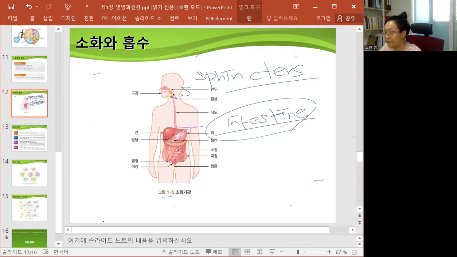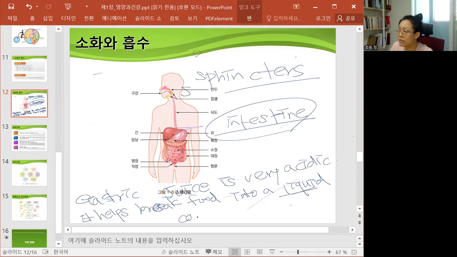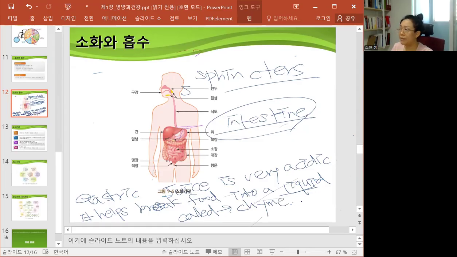Gastric juice is very acidic, so it helps break food into a liquid called chyme.